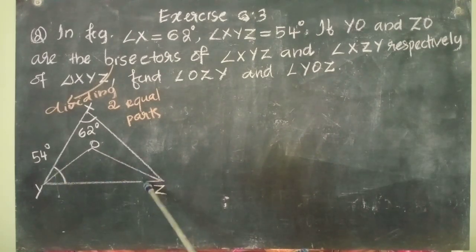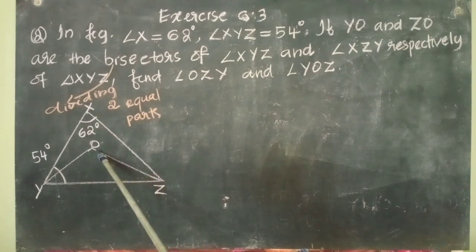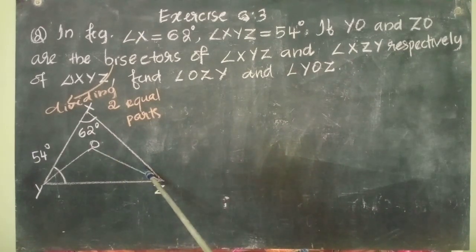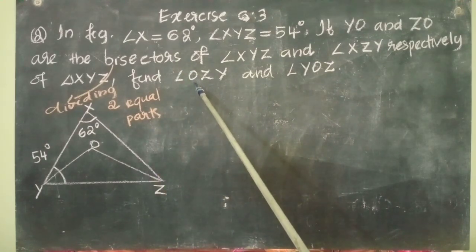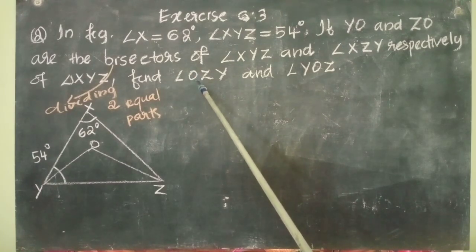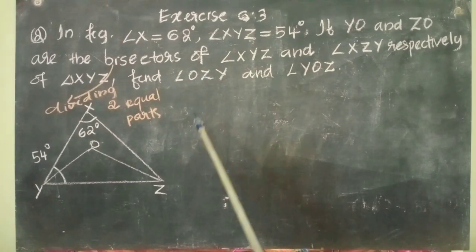Same way here also ZO is the bisector. Here also you can see two parts. They are also equal. You have to find out angle OZY. Which is angle OZY?